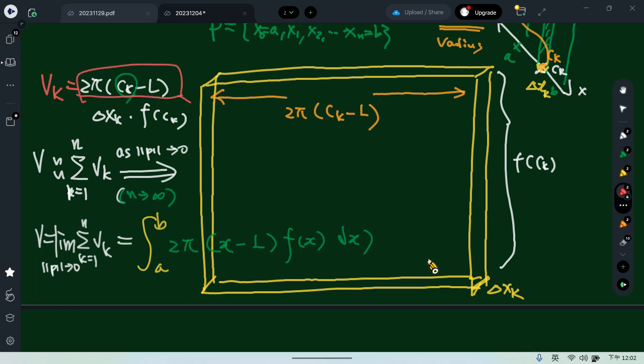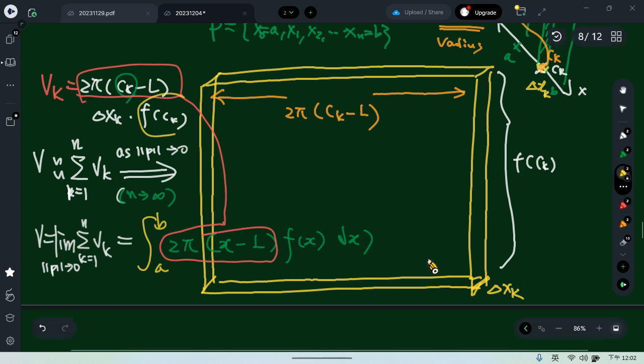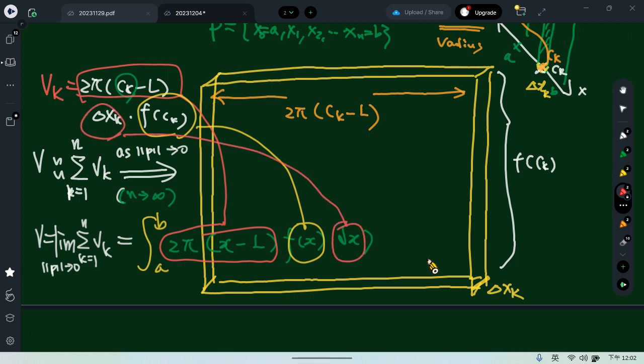Here we map to here. f of ck we map to here. Delta xk we map to here. So finally, what we need to memorize is this: 2 pi times (x minus the axis) times f of x dx.